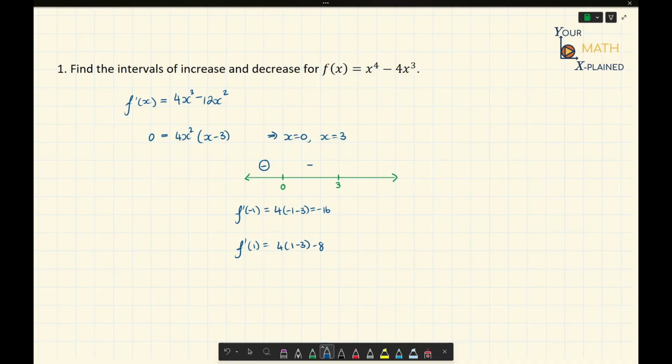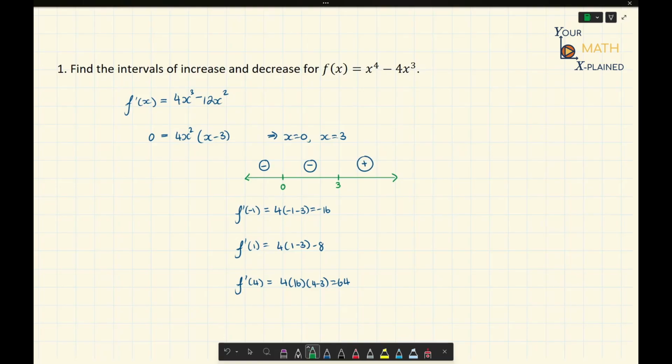So here, this is also negative. And then for our last interval, let's go ahead and test f prime of 4. So this is going to be 4 times 16 times (4 minus 3), which is equal to 64. So therefore, we have positive slope there.